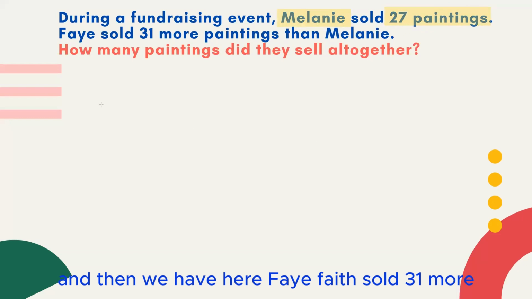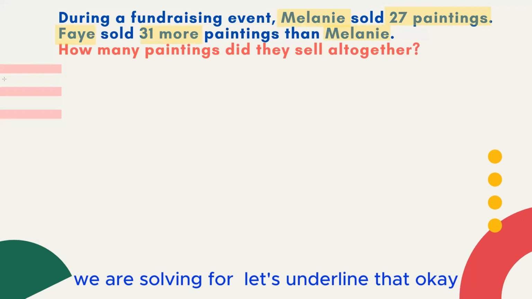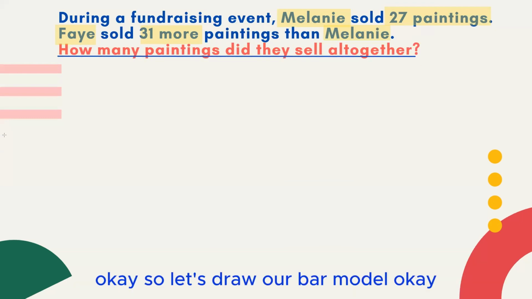And then we have here Faye. Faye sold 31 more compared to Melanie. We are solving for, let's underline that, how many paintings did they sell altogether?